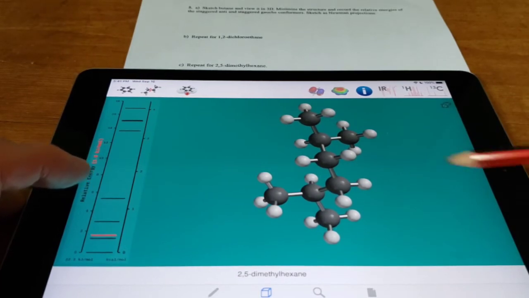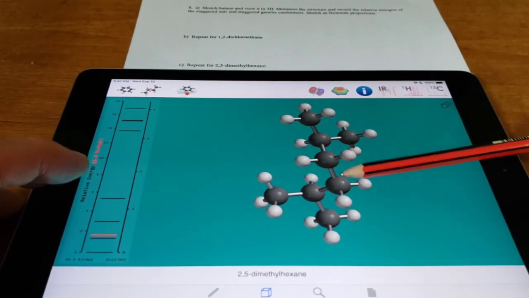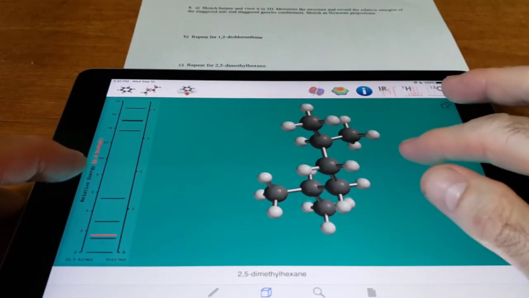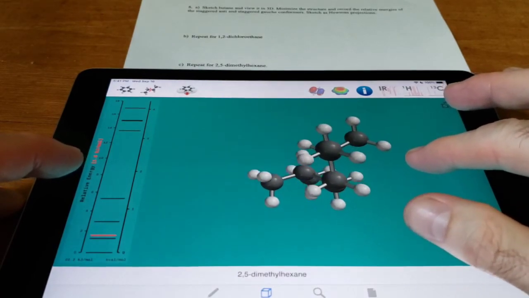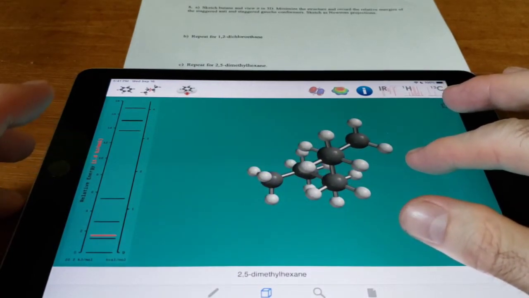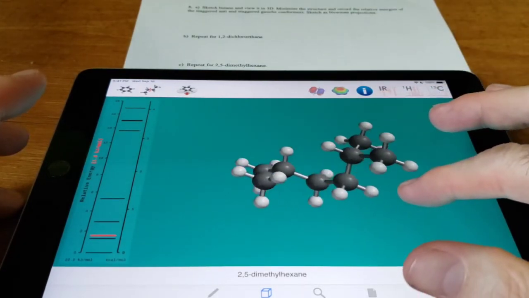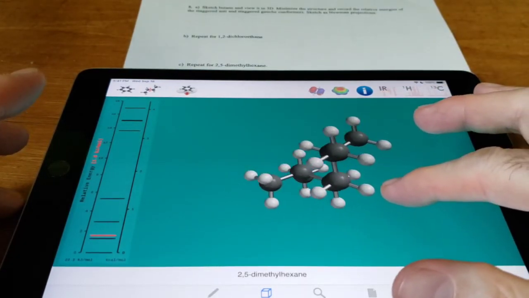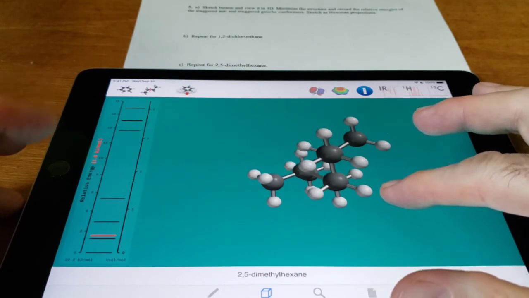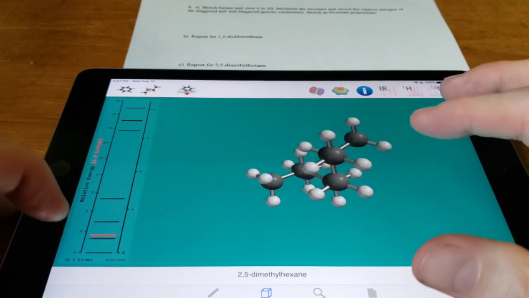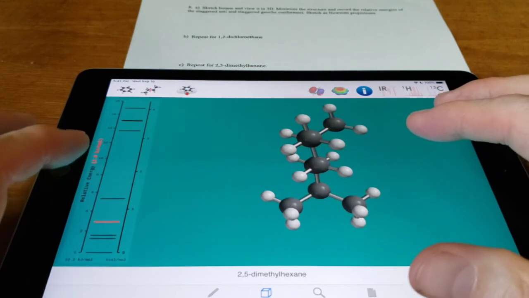These are the two carbons that I'm most interested in. And if I get those to line up like in a Newman projection, I have my other groups around it. The difference here is 1.6 kilojoules per mole.